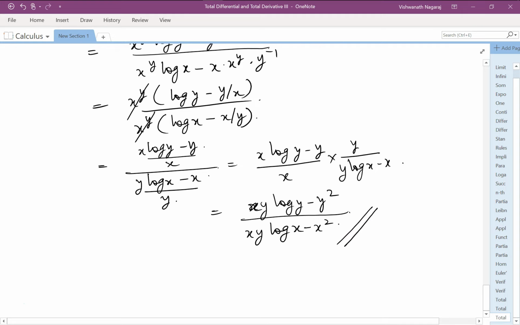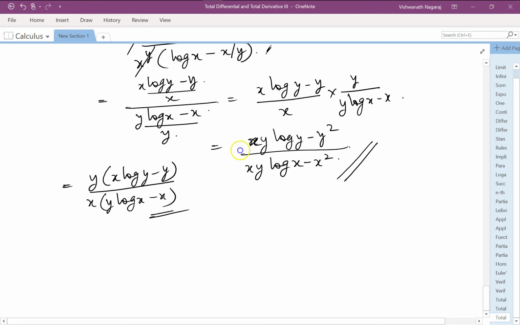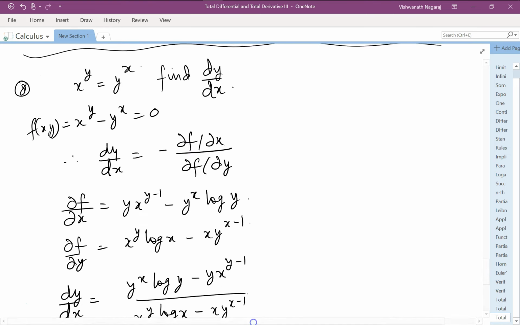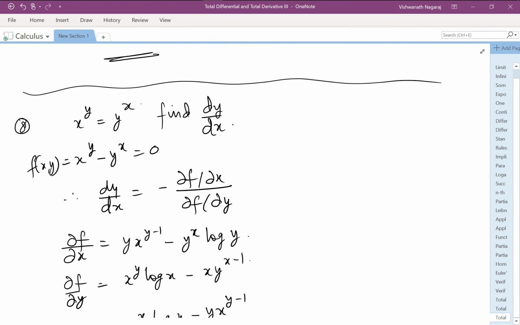So you can stop at any point, you can stop at this point also. So this is also a valid answer. You can stop at this point, or what you can also do is you can keep y as common, x log y minus y by x times y log x. Okay, so this is also a valid answer. That is why normally if the question says show that, then you know where to stop.